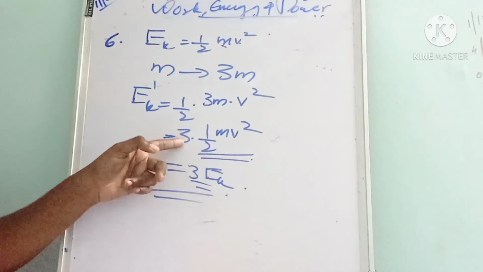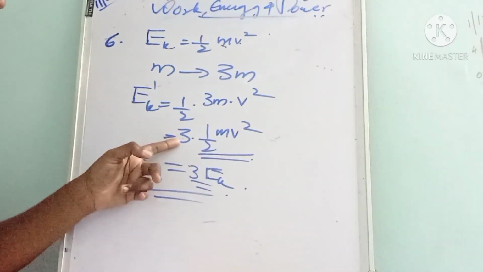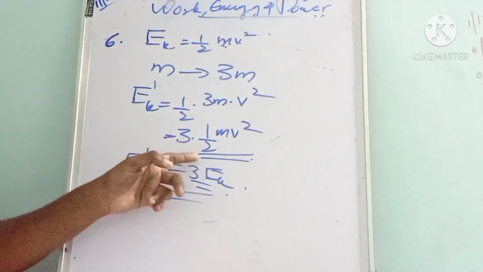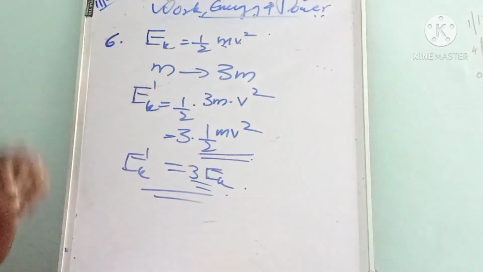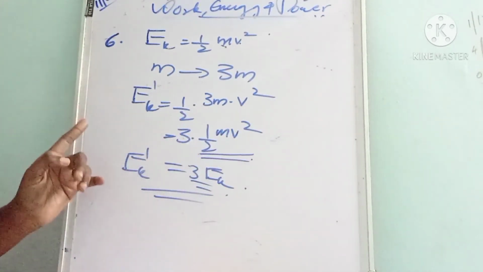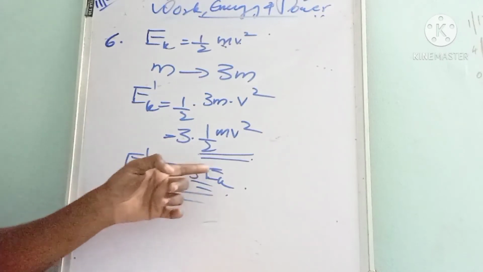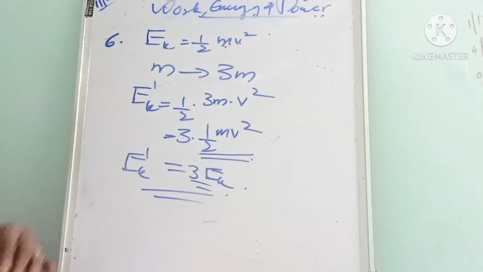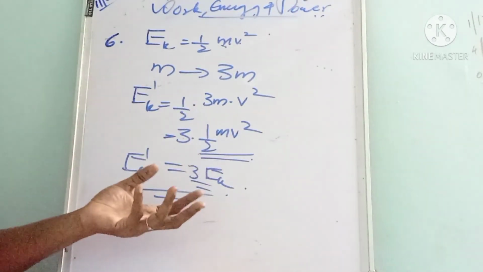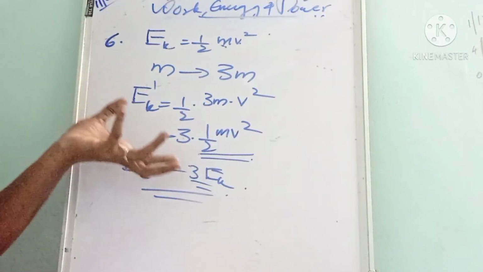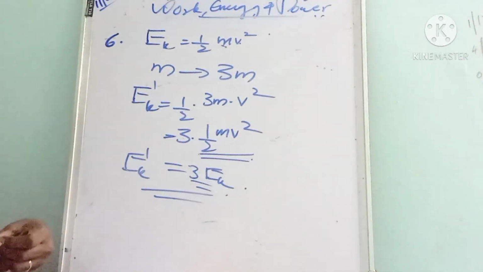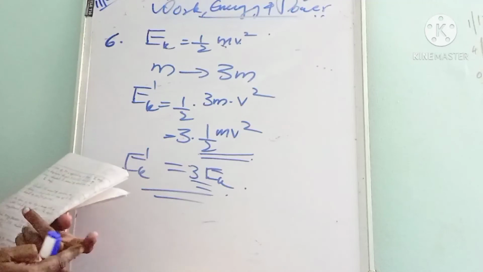Then we write the 3 first, so 3 into half mv square. But you know what half mv square is? That is Ek. So the new kinetic energy Ek dash is equal to 3 times Ek. That is, when we triple the mass, the kinetic energy also gets tripled. Have you got it?